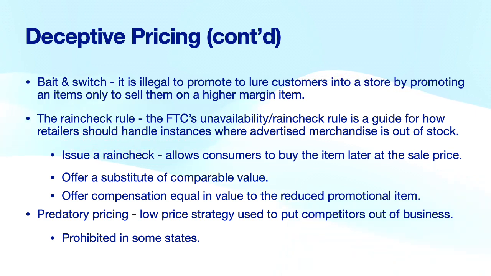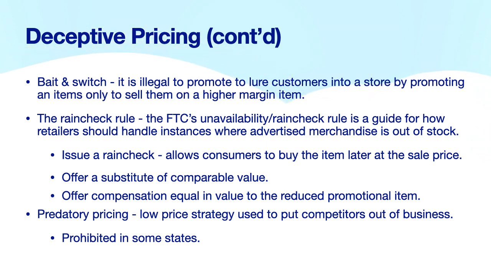The rain check rule pretty much allows a consumer to obtain a rain check in order to purchase merchandise that was on promotion or being advertised at a later date, but for that same exact price. So the FTC's unavailability or rain check rule is a guide for how retailers should handle instances where advertised merchandise is out of stock.